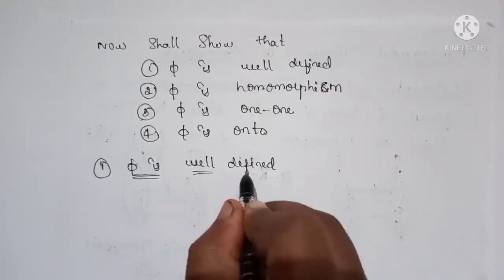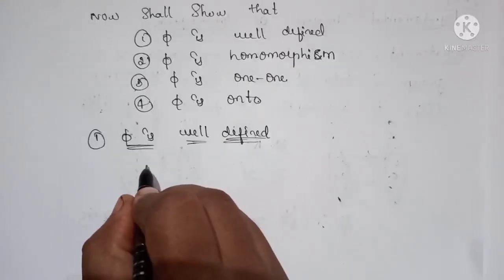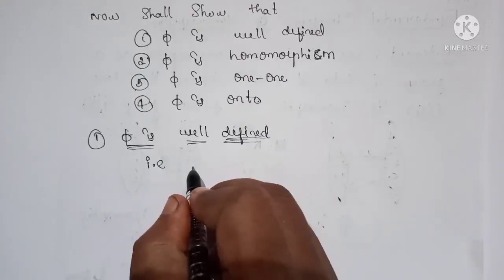In order to show that phi is well defined, we have to consider any two equal elements and show that their images are also the same.